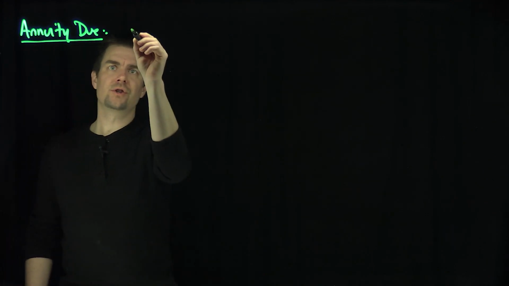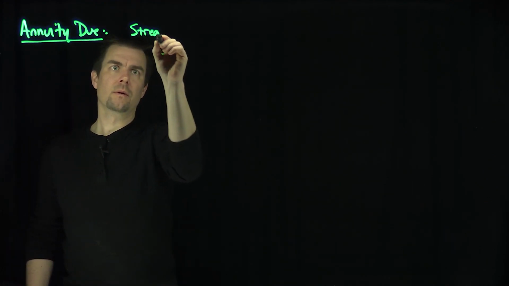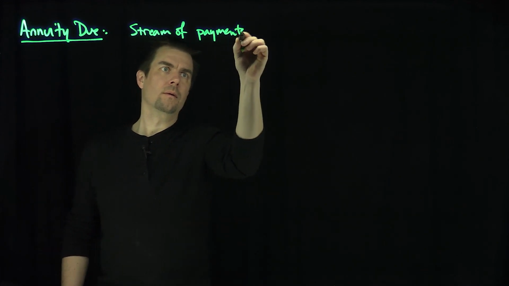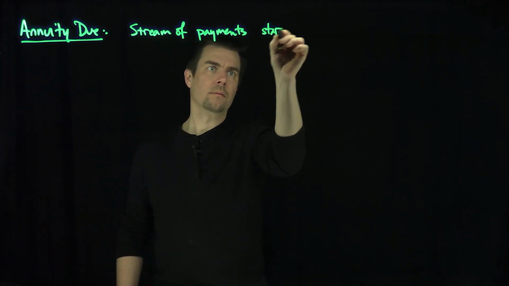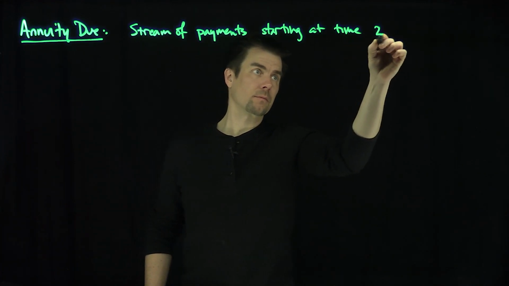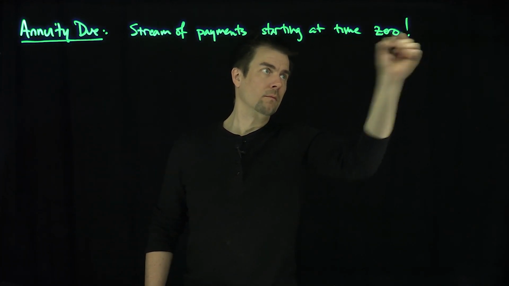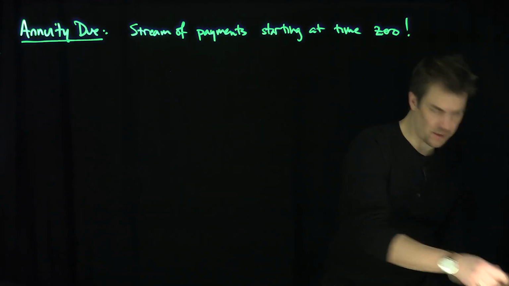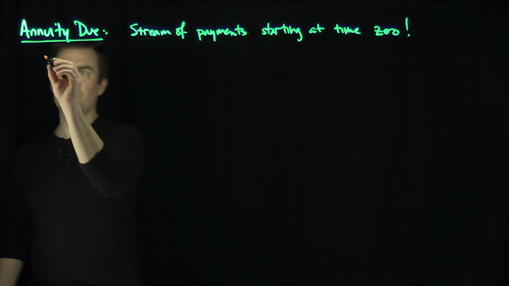An annuity due is a stream of payments starting at time 0. And so this stream of payments looks like this. So here's our annuity due.